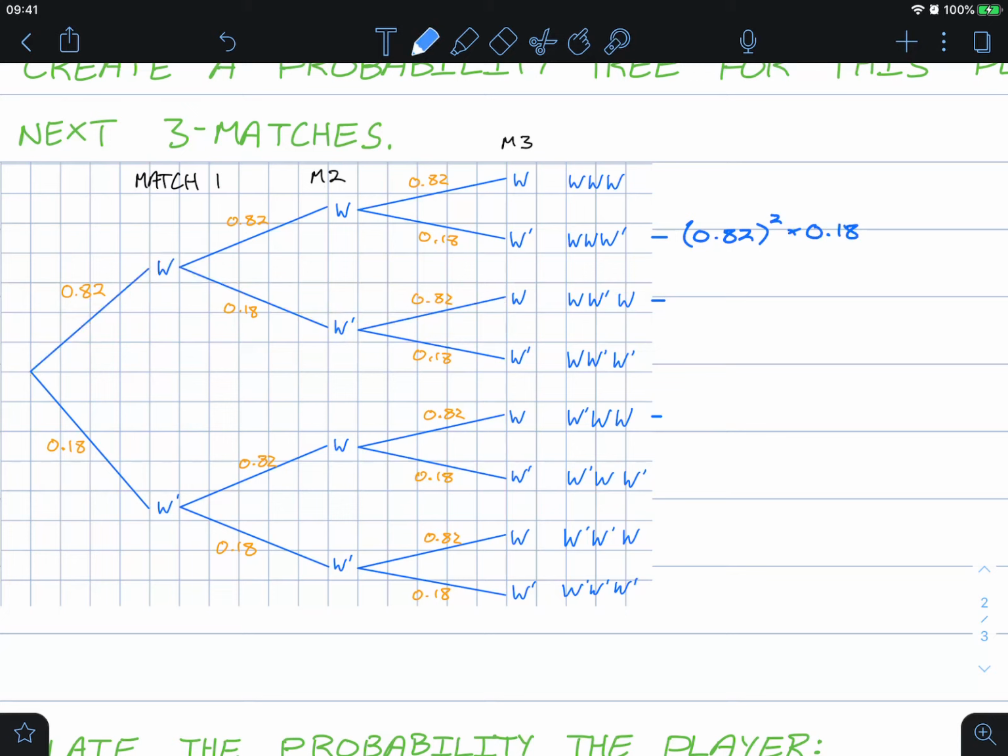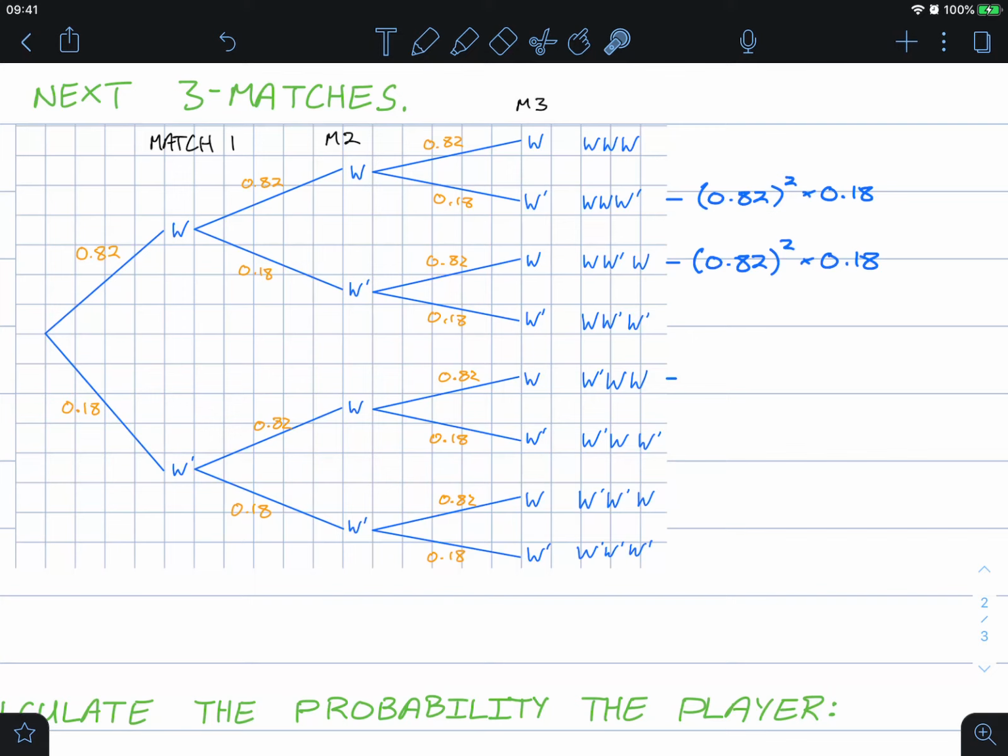So following that path, that's the exact same calculation actually. That's 2 lots of 0.82 squared times 0.18. One last one here. That's 2 wins. To get to that path, 0.18, there's the loss, times 0.82, there's the win, times 0.82, there's the second win. 0.82 squared times 0.18.